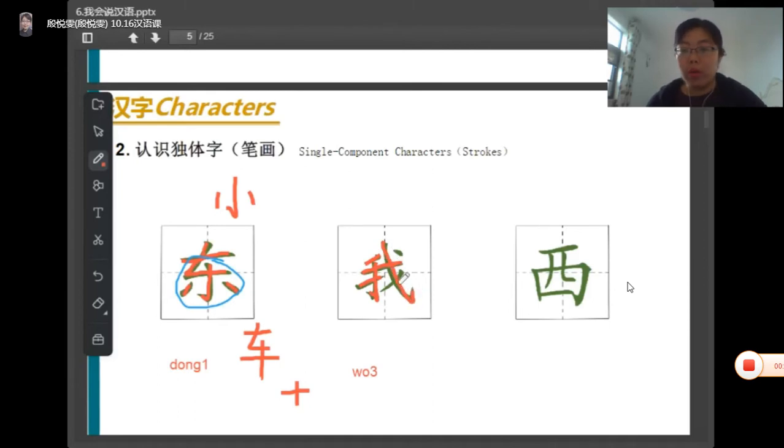This 卧钩 is long. It is the longest stroke in this Chinese character. 撇 and then 点. It's 我, means I. Next one, 西.